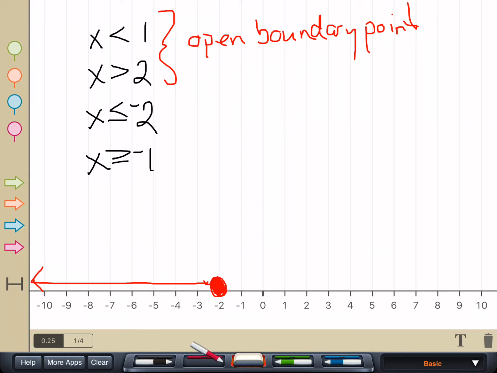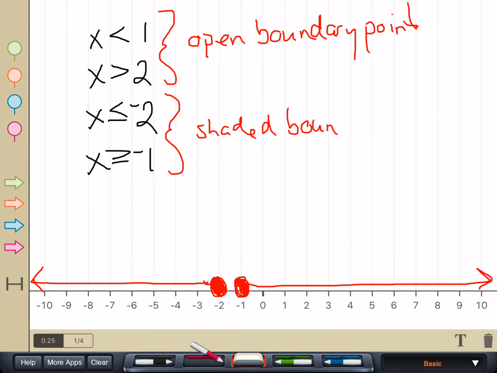And for the next one, x is greater than or equal to -1. So x can be numbers greater than -1 this time, but it can also be -1, so we're going to fill in the boundary point to show that. So these ones here have a shaded boundary point.